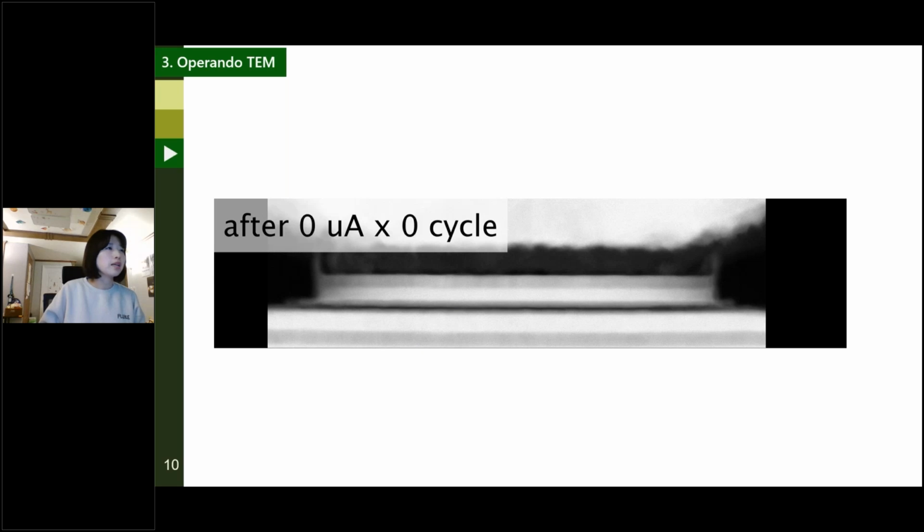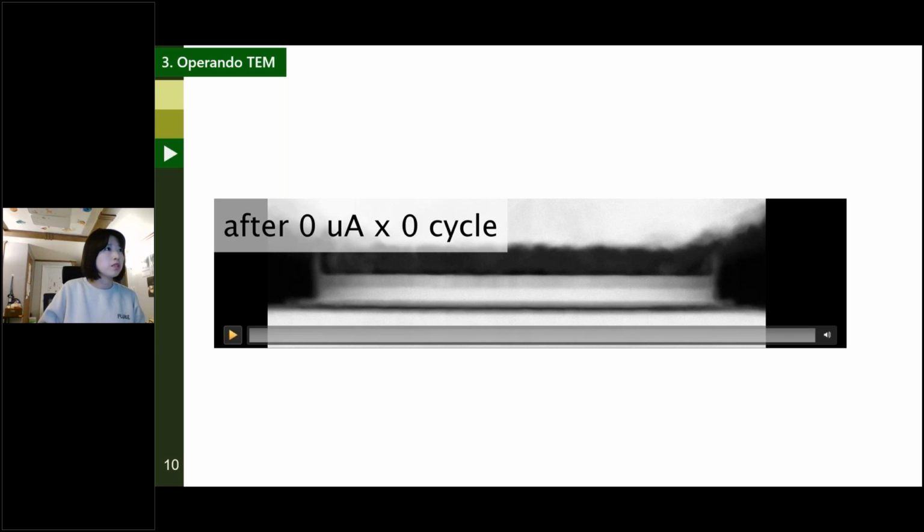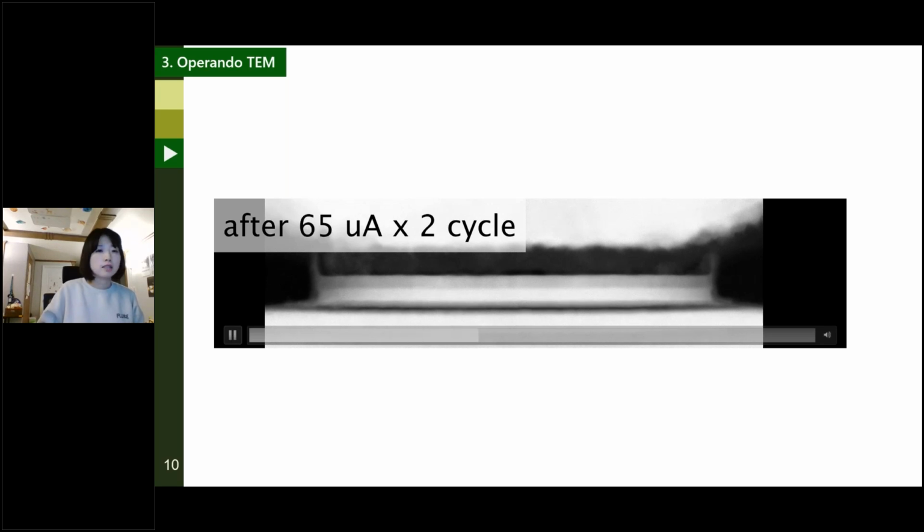Using this design, we apply the bias, we apply the electric field, and this is an exemplary image after biasing. This is the HAADF image of the MTJ device.